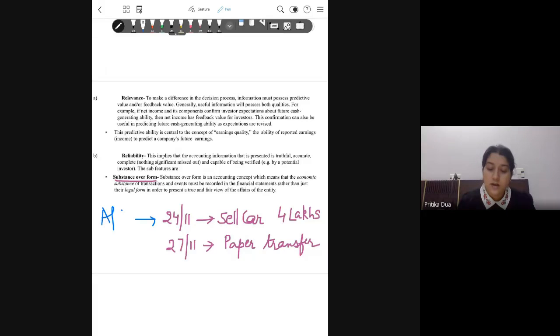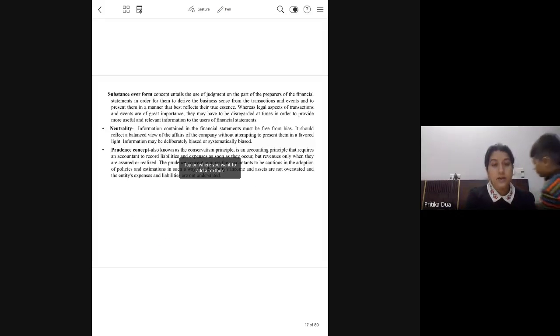Okay. Next point to be covered here is neutrality. So that I have already explained to you that the information should be neutral. Then representational faithfulness में prudence concept आता है. Prudence concept क्या होता है?